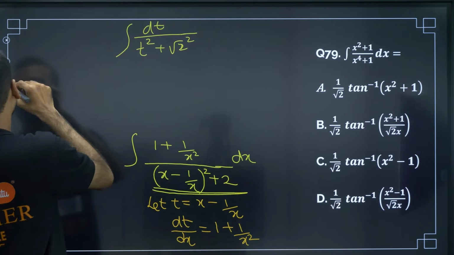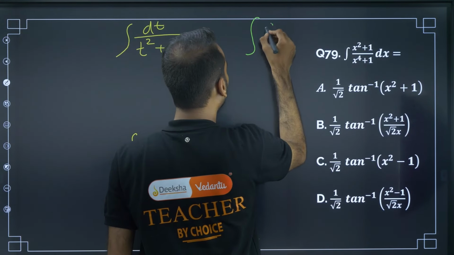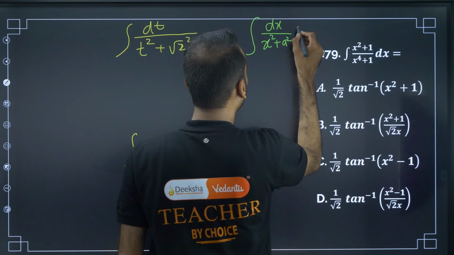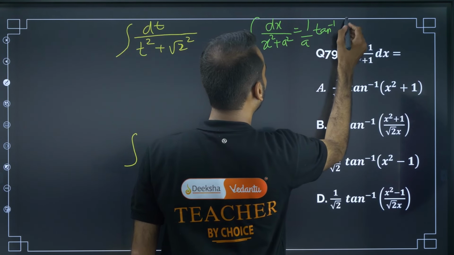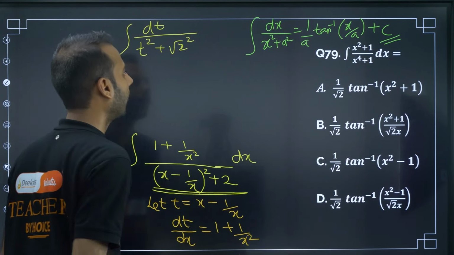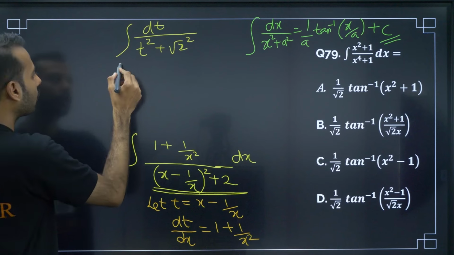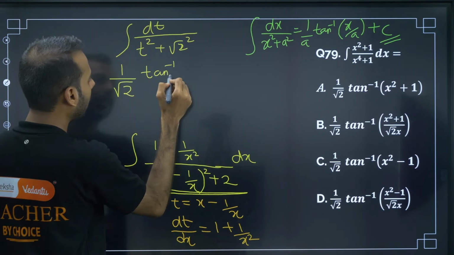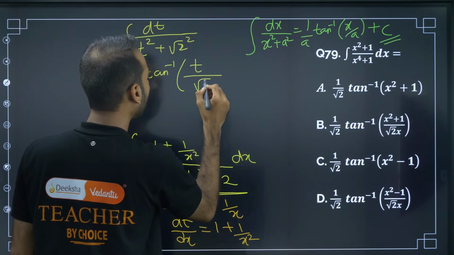Now try to recall one integration formula. Integration of dx by x square plus a square is 1 by a tan inverse x by a plus c. Now this becomes 1 by root 2 tan inverse of, in place of x, t by root 2.